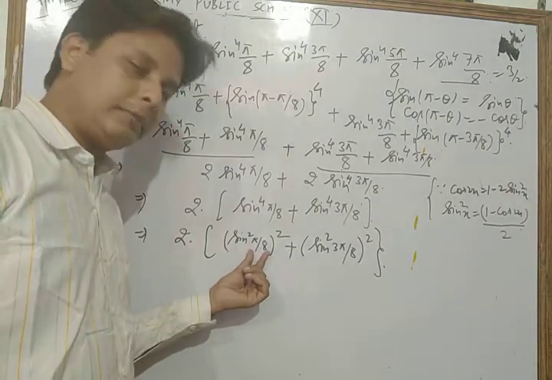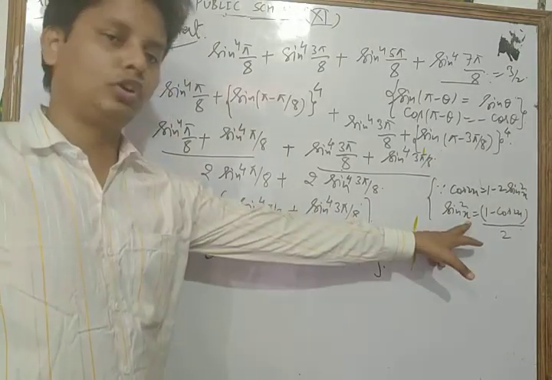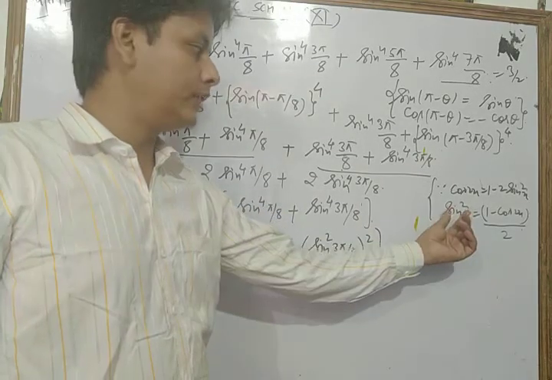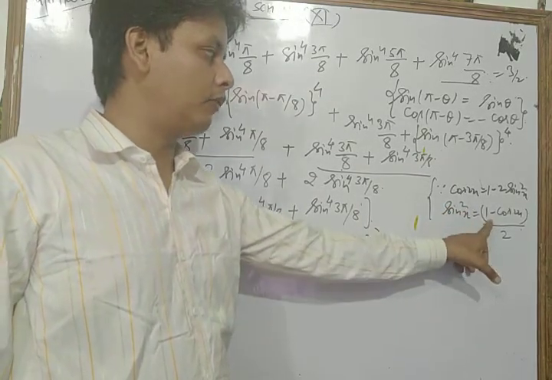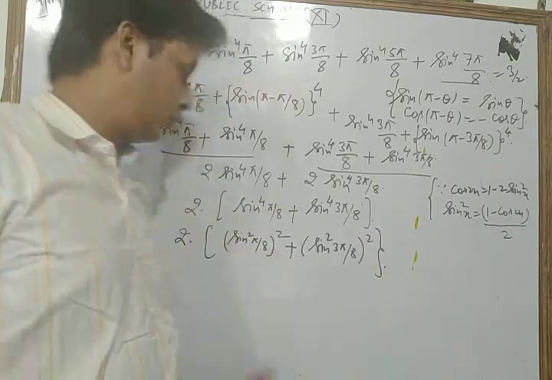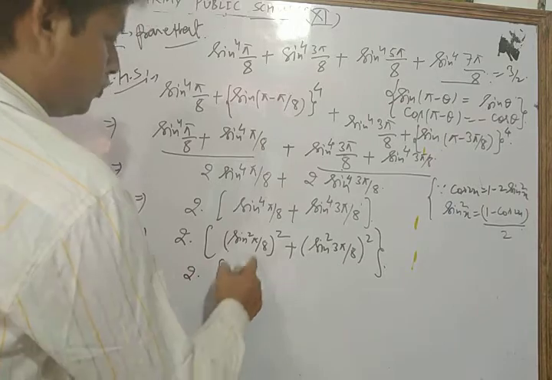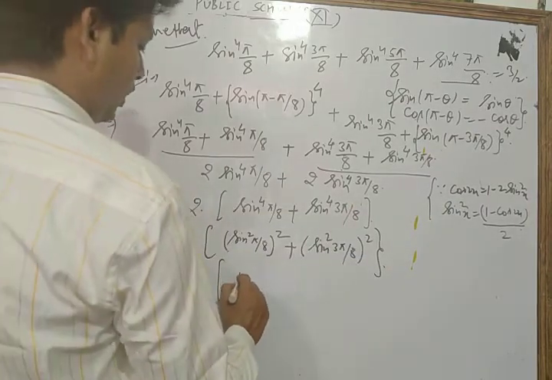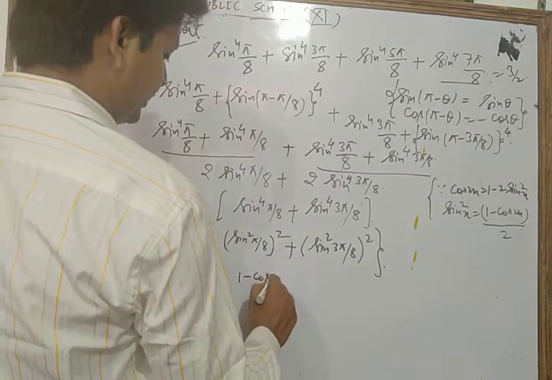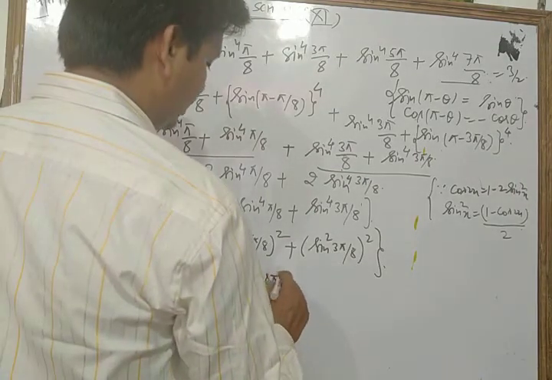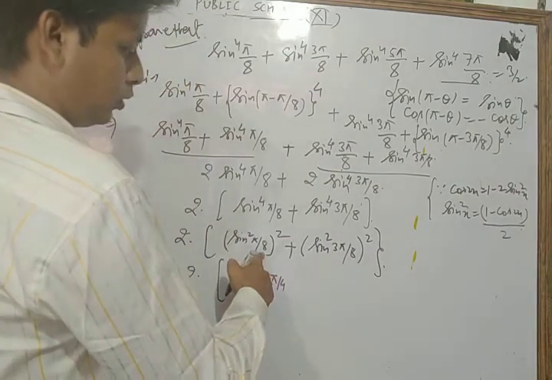Okay, now suppose pi by 8 as x. So we write sin square x in the form of 1 minus cos 2x upon 2. So here we write 2 into 1 minus cos 2x. If 2x means pi by 8 then we get pi by 4 only, 2 fours are 8.